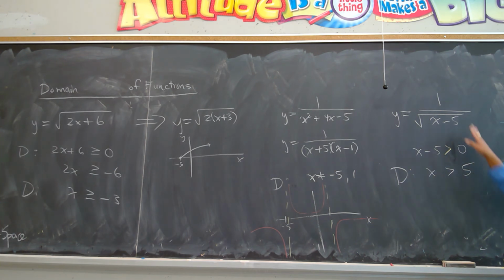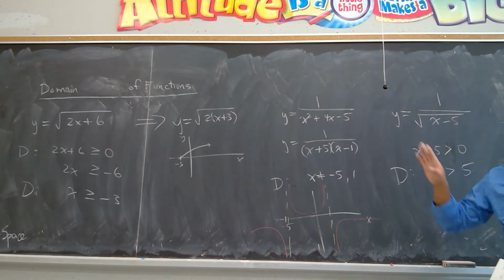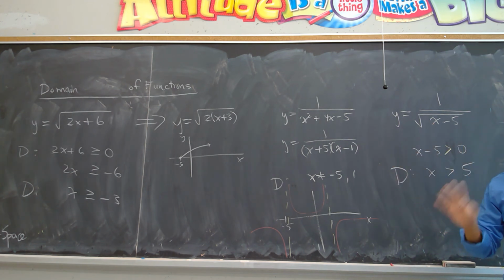If x was ever 5, don't get me wrong, that's fine for the radical component. But if it was ever equal to 5 for the whole reciprocal function, it would be a problem. It would have to be greater than 5. So 5.1 or 5.0001. And so notice with these 3 examples, they're a continuation of domain. Notice range is actually harder. And I wanted to show you with the example, but that's fine.